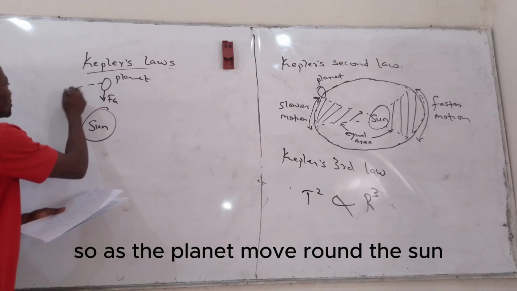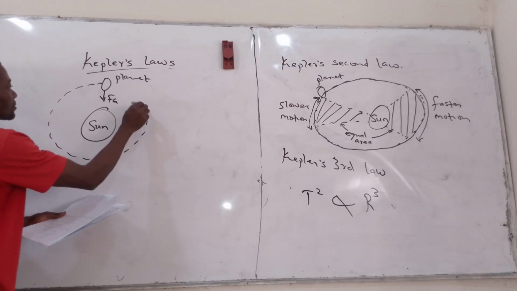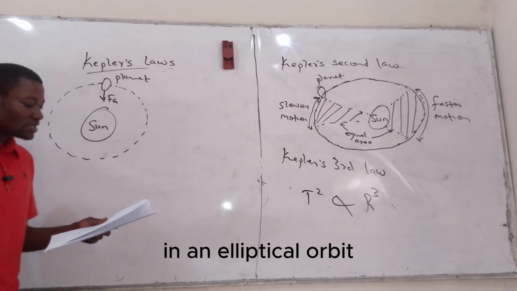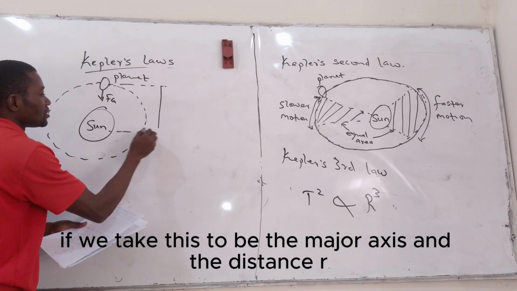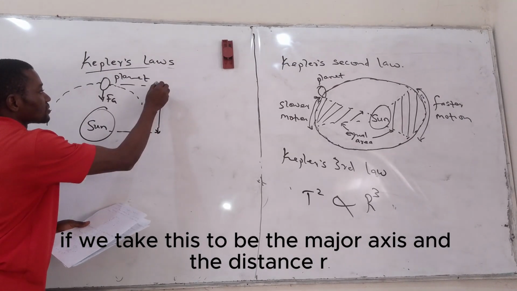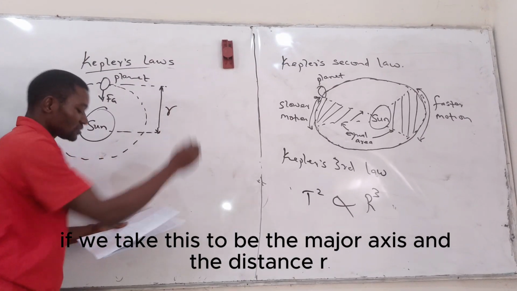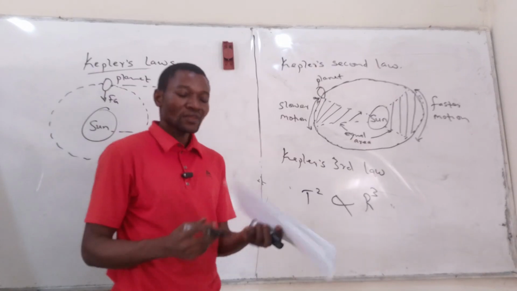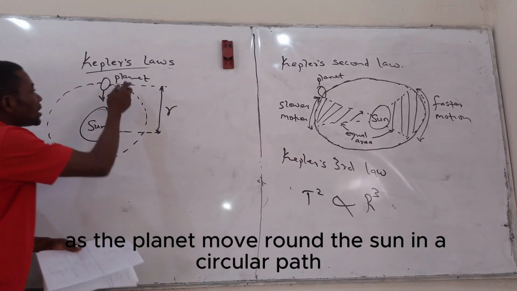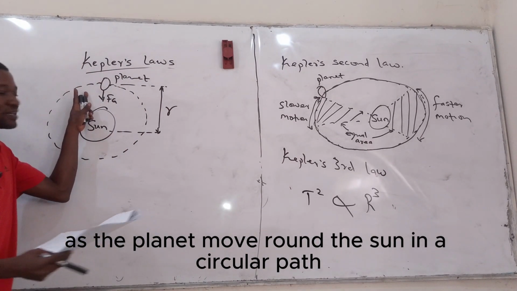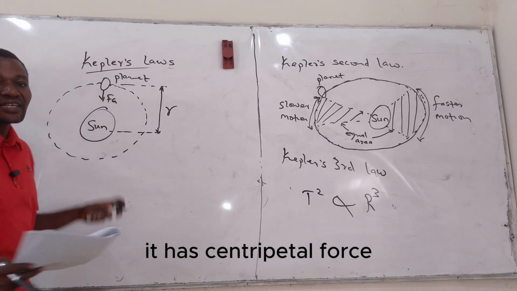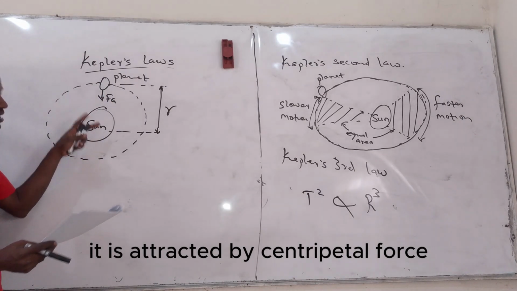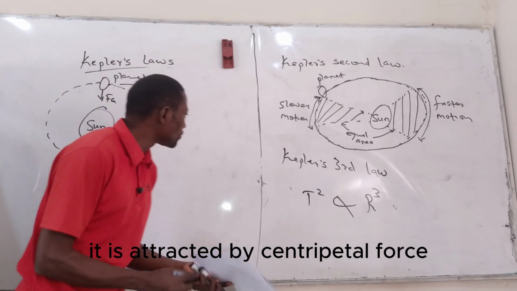So as the planet moves around the sun in an elliptical orbit, if we take this to be the major axis and the distance r, as the planet moves around the sun in a circular path, it is attracted by centripetal force.